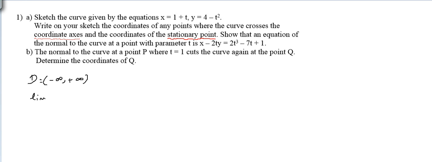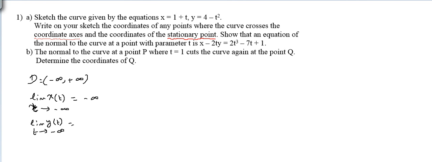The limit of x of t as t approaches negative infinity: x is 1 plus t, so 1 minus infinity is minus infinity. And the limit of y of t as t approaches negative infinity, y is 4 minus t squared.